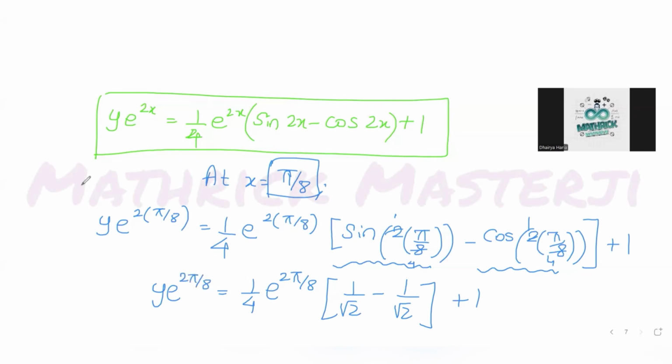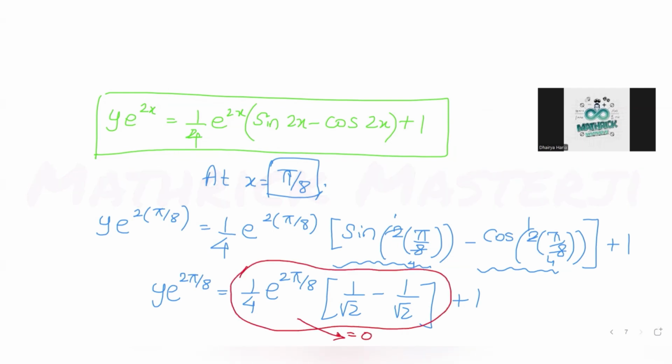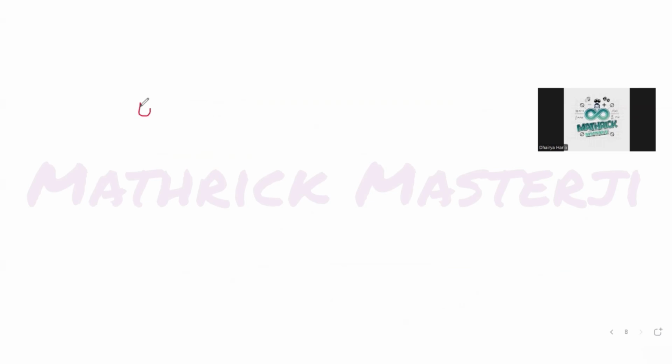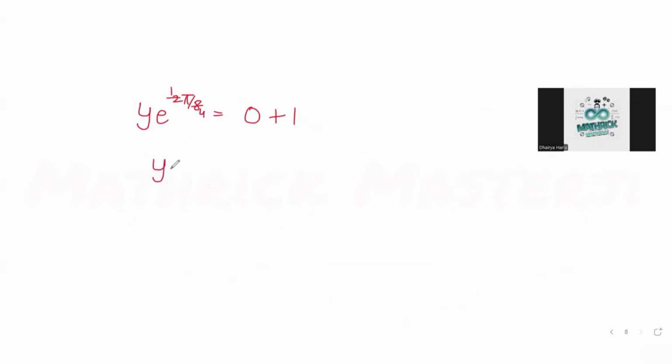This entire term becomes 0. So I will have y e raised to 2 pi over 8 is equals to 0 plus 1. I can cancel this 2 and 8 also. So y e raised to pi over 4 is equals to 1.